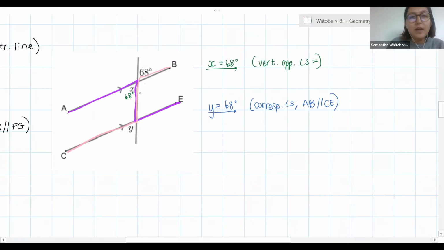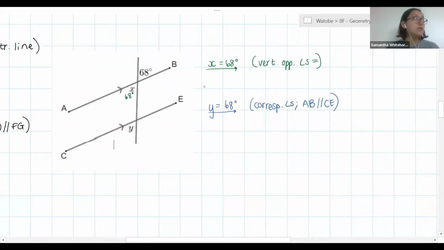So there's no way that Y alternates with an angle that we have. You could eventually get there, but you'd have to work out this angle using angles on a straight line, then that angle would be alternate, and then angles on a straight line again for Y. So in this case, we can't go straight to alternate angles. You could go roundabout, but you can't go directly. But we are going to have a look at some examples with alternate angles now.